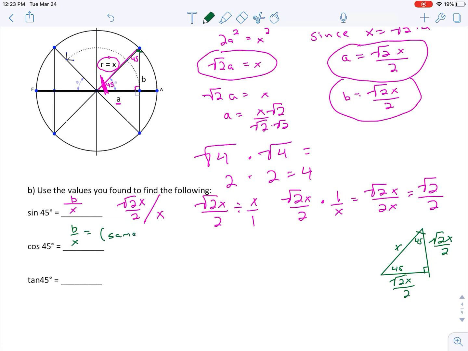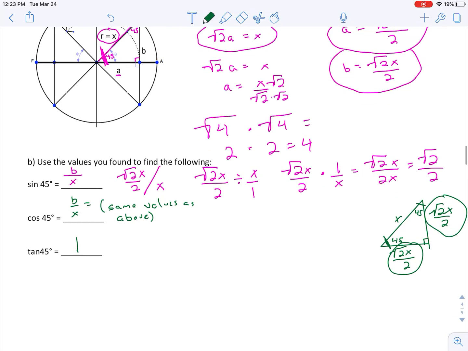Now tangent 45 is going to change a little bit, and it's going to be easier, because the tangent of 45 is the opposite over adjacent. So that's going to be this divided by this, and anything divided by itself is equal to 1.